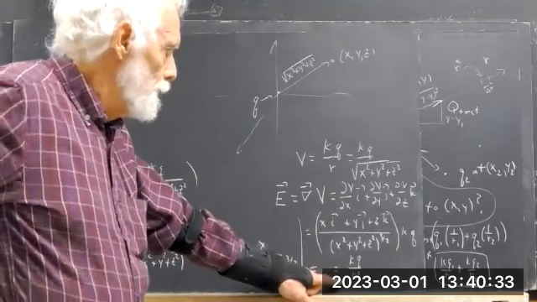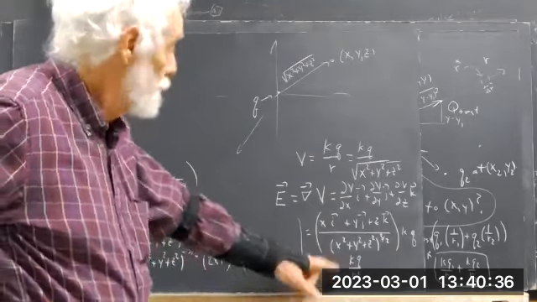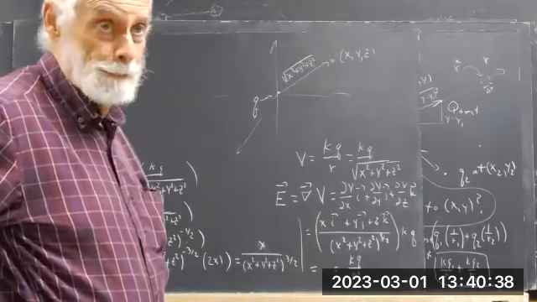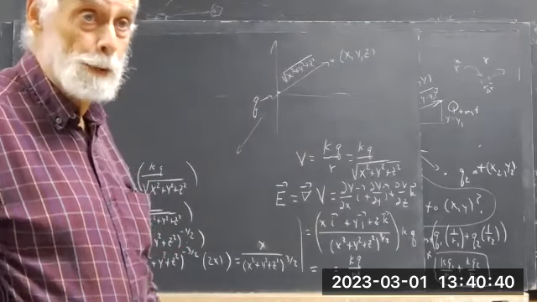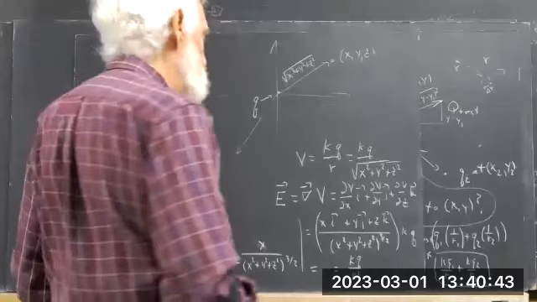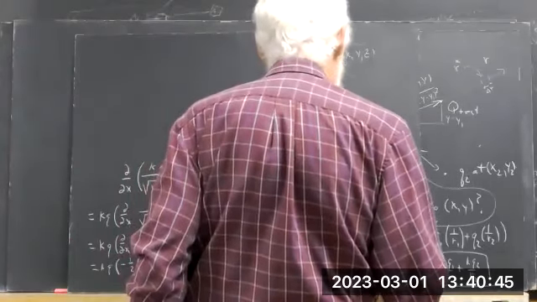Well, what's the electric field of a point charge at distance R? kQ over R squared. Okay, but it's times now a vector.